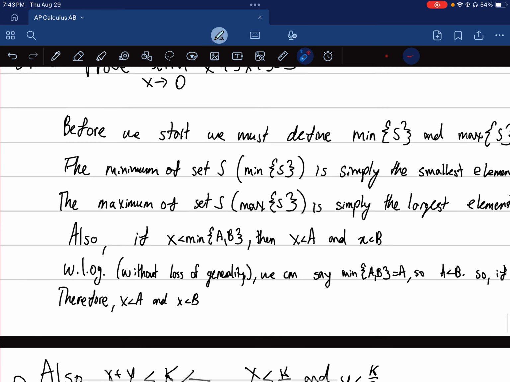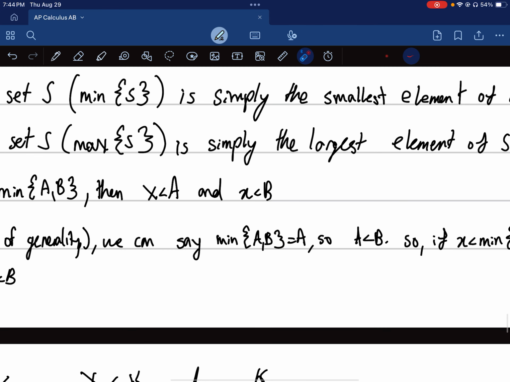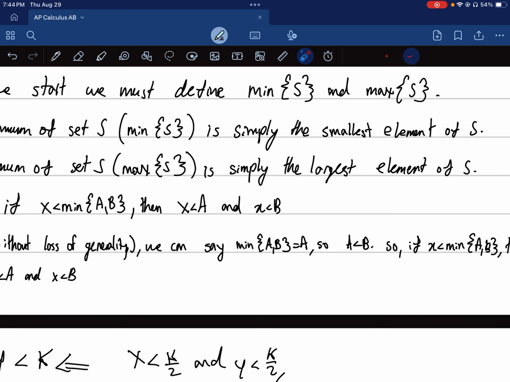But why? Well, we can say without loss of generality, this is just something we write, we'll just say A is less than B, right?